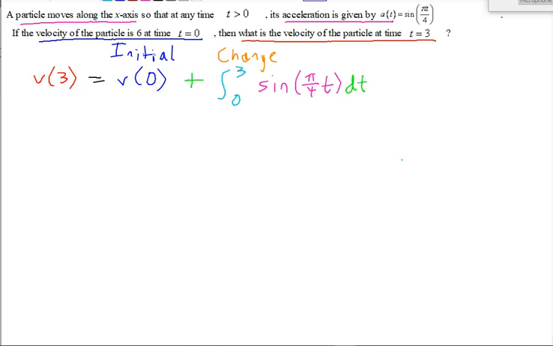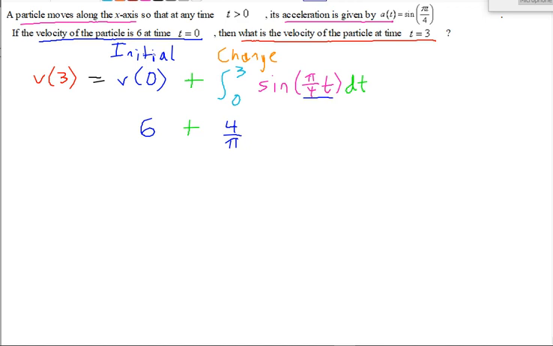So now, we have v of 3 is v of 0, which is 6, the initial velocity at time 0, plus, again, we can use the shortcut for u substitution. You would set u equal to pi over 4t. The derivative of that is pi over 4, so using the shortcut, we divide by pi over 4, which is the same as multiplying by 4 over pi.